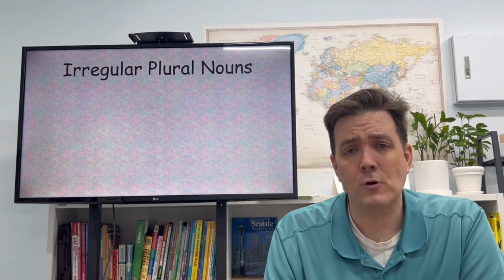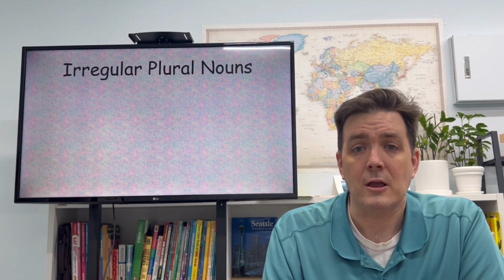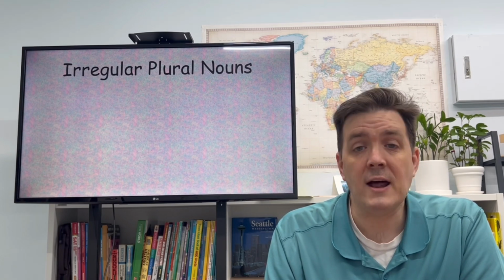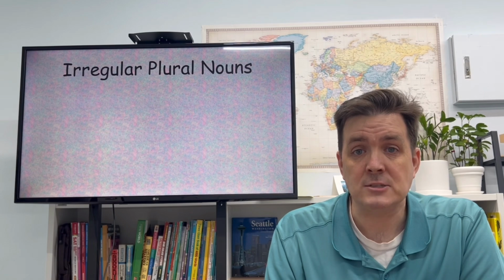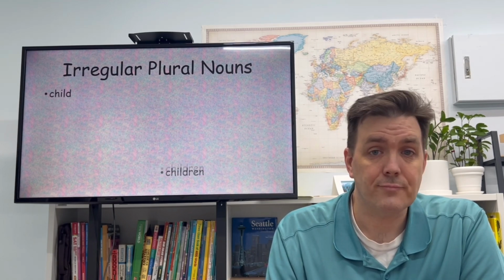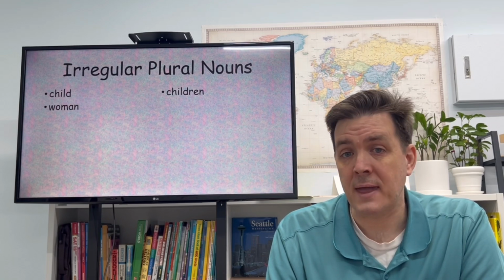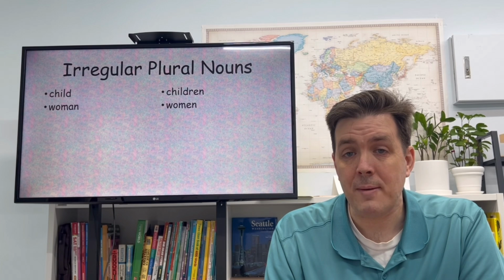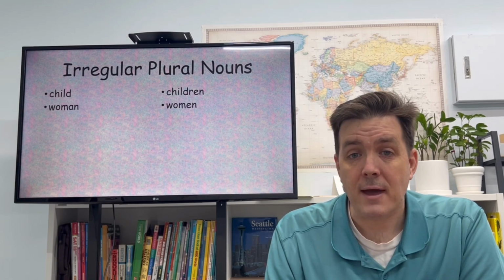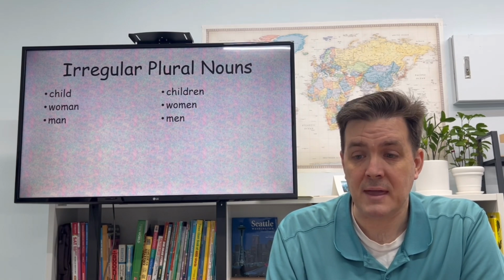Lastly, and unfortunately there are too many of these examples to mention, here are some common irregular plural nouns where you do not add S, ES, or IES. So, child, children. Woman, spelled W-O-M-A-N, and then we have women, W-O-M-E-N. Same pattern, we have man, and we have men, M-E-N.